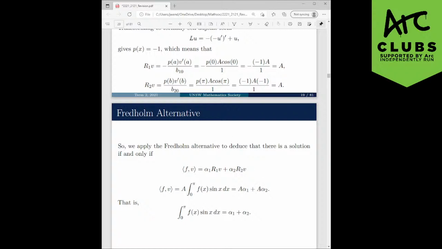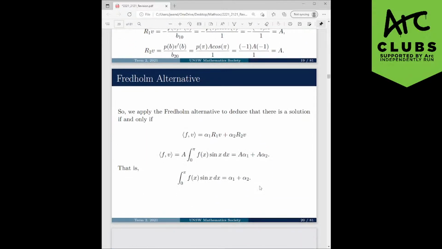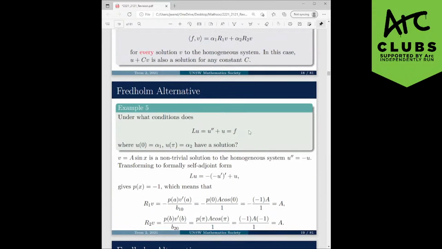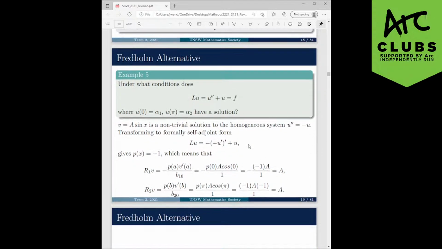And you know it's equal to this right-hand side, where you've proved R1v and R2v are in fact both just capital A. Capital A can cancel from both sides, and you'll be left with this beautiful condition, which you stare at for a bit and then realize that the question only needed a condition. So this is the condition under which, if you satisfy this condition, then your second order system over here will have a solution, according to Fredholm's alternative.